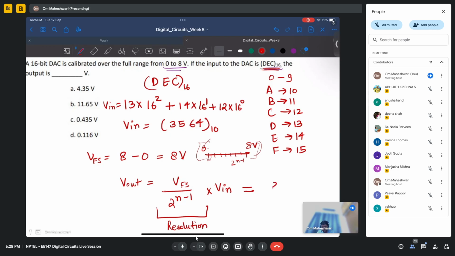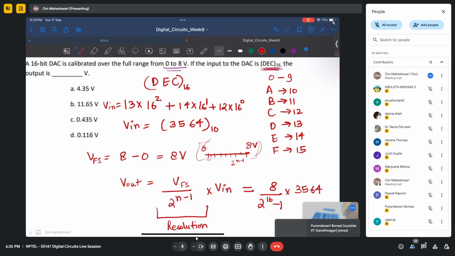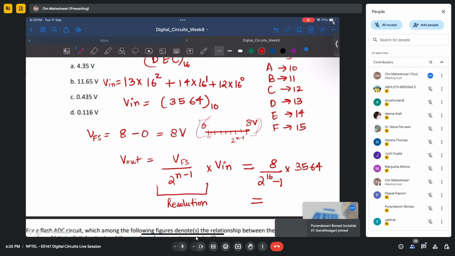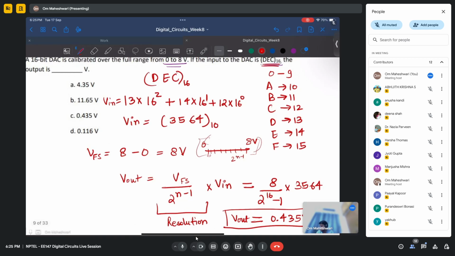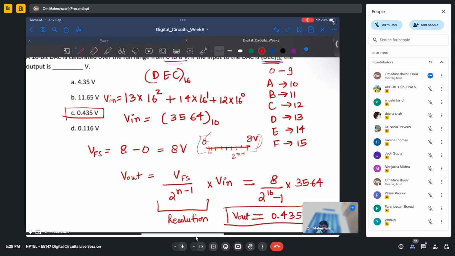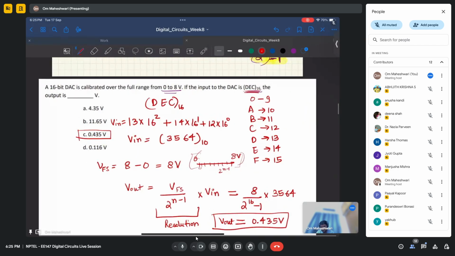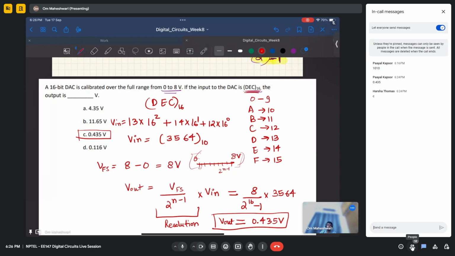So V out is given like this: 8 upon 2 to the power 16 minus 1 into 3564, and this gives you on solving 0.435 volts, which is option C. Payal and Harsha have given the right answer.